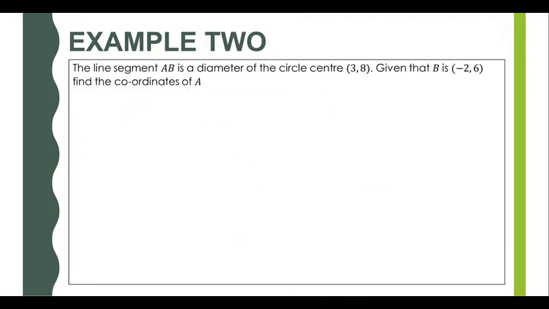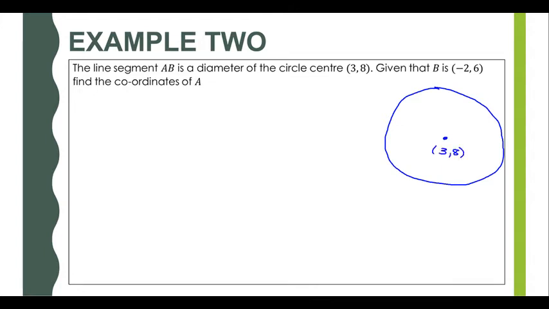In this second example, we're given the centre and B, but asked to find the coordinates A. If it helps, you can draw yourself a little sketch. So we've got a circle. We know that B lies on the circle. The centre is 3, 8.